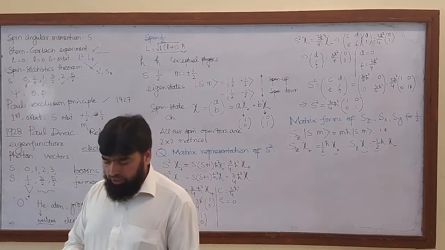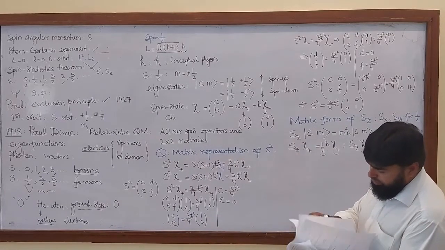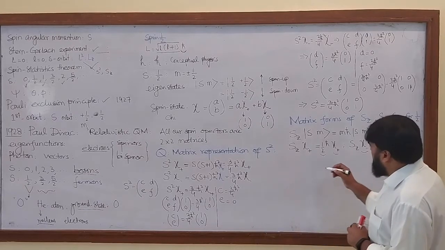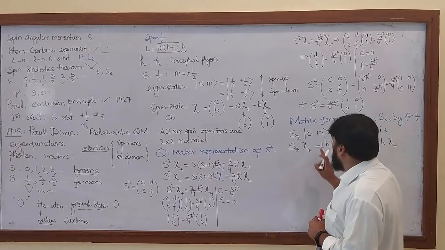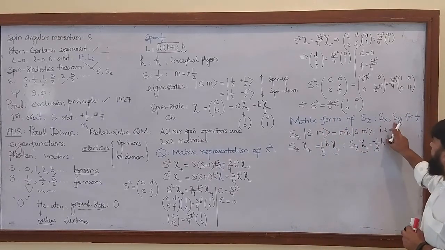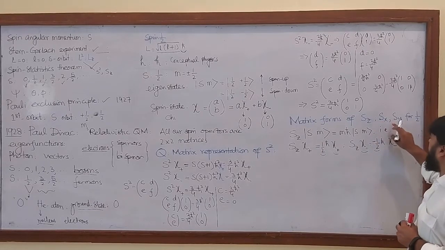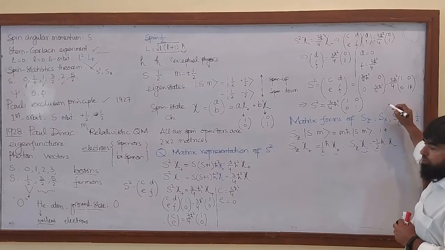And then we will have to find out the values for SX and SY. And you know, when we were finding the values of LX and LY, we were converting them into L plus and minus operators.